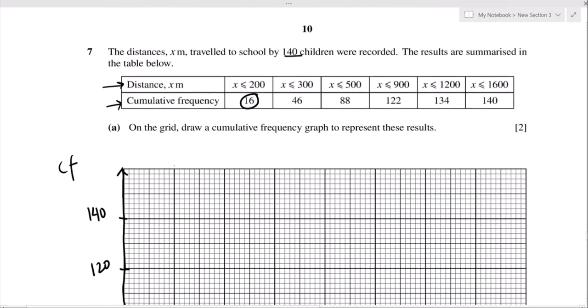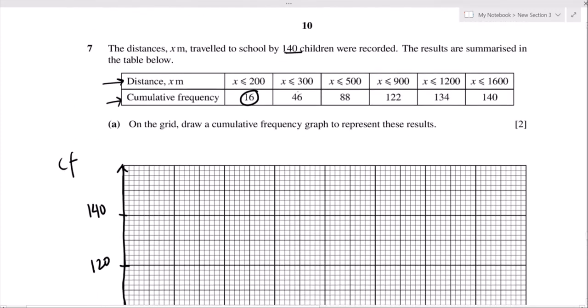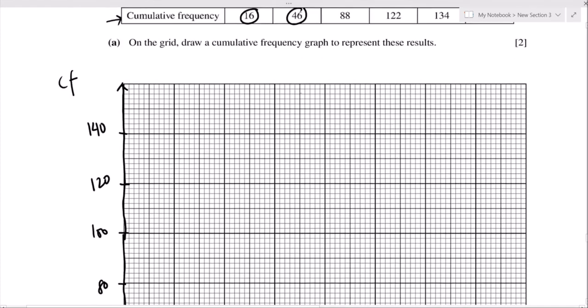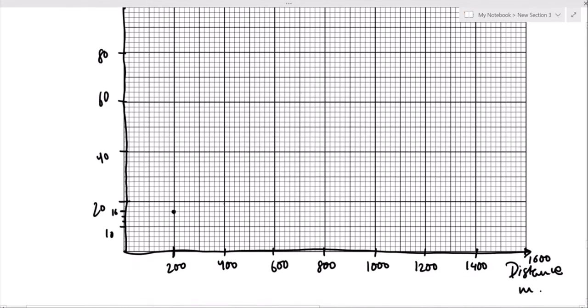Let's look for the next point. That is x less or equal to 300, that's the value of 46. So 300 is going to be right here, and we need the value to be 46. If this is 40, this is 42, 44, 46 right there. This is the second point.